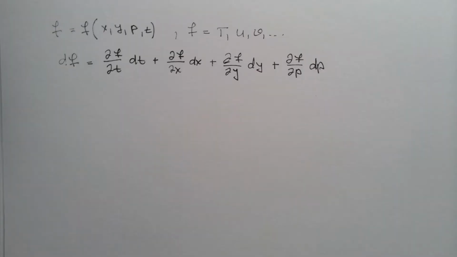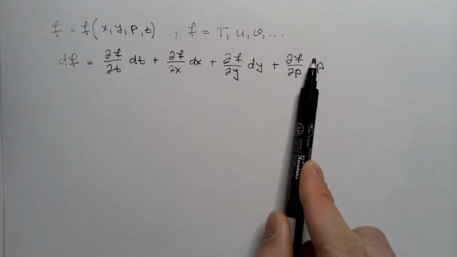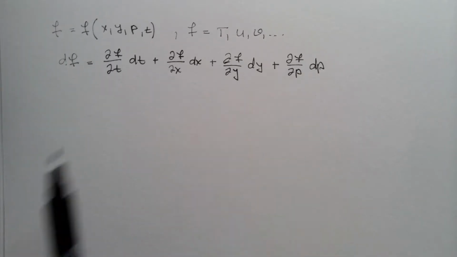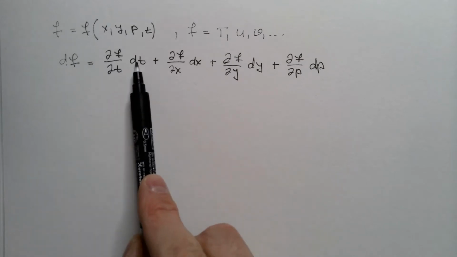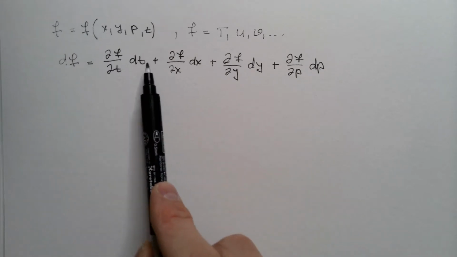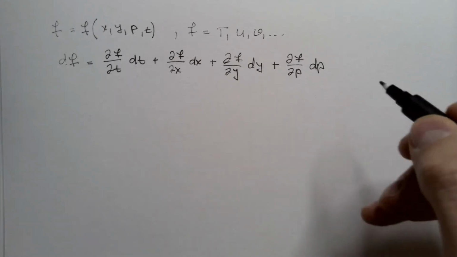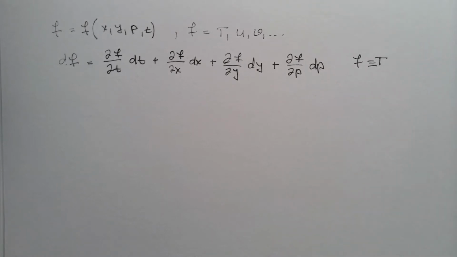In mathematics, we say that total differentiation of a function is the sum that contains rate of change of that function with respect to all independent variables, and then we multiply these rates of change with total differential of independent variables. For example, let's say that f is T, temperature, identically equal to temperature.